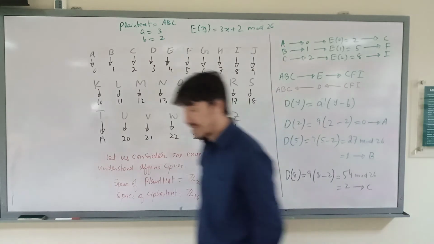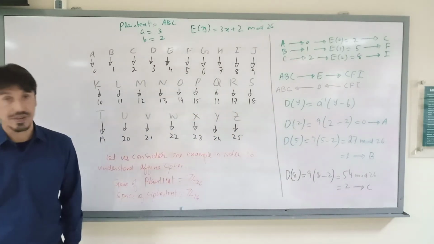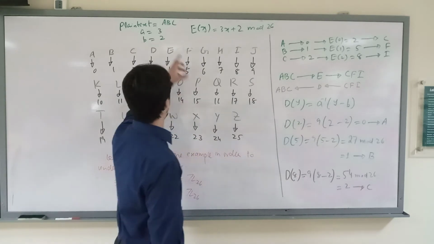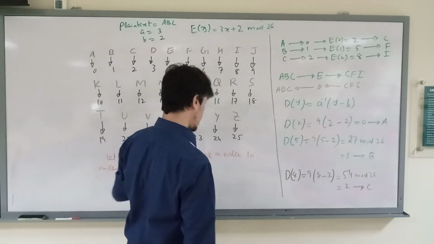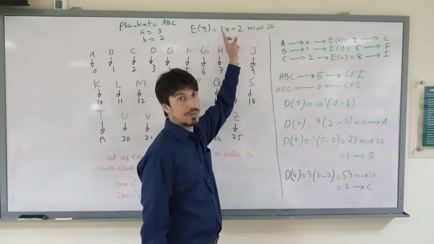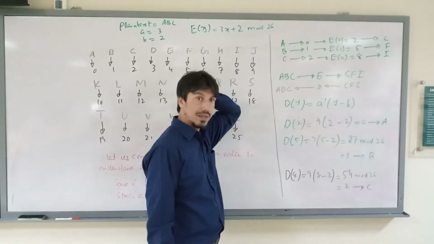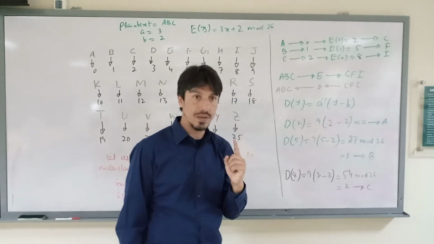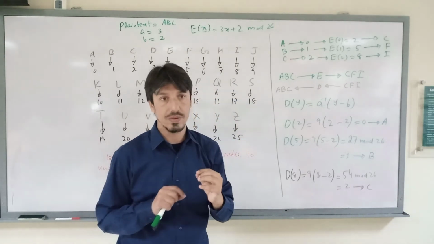In the affine cipher, AX plus B, how many possibilities are there over A under modulo 26? 12, the unit elements.